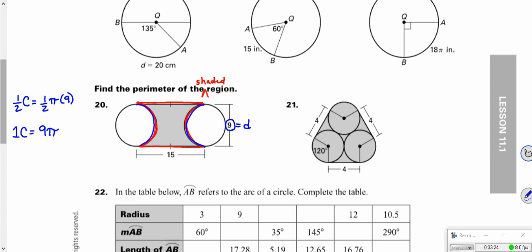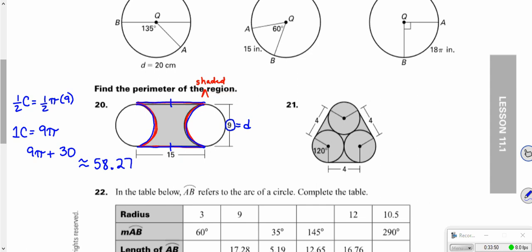Then I have to add to that, I've got 15 here and I've got 15 here, because they mark them to where they're congruent. Do you see that? So I'm taking my 9 pi and adding 15 plus 15, or 30, which is approximately 58.27.